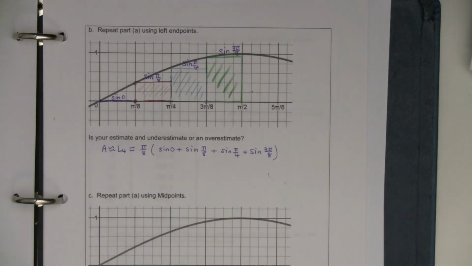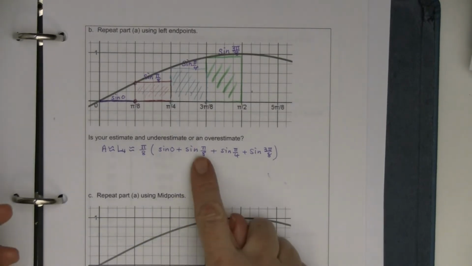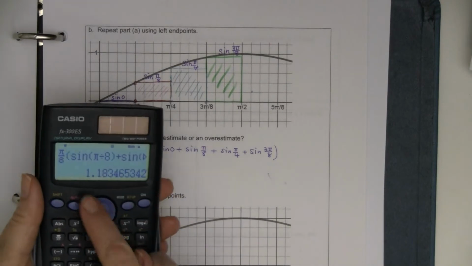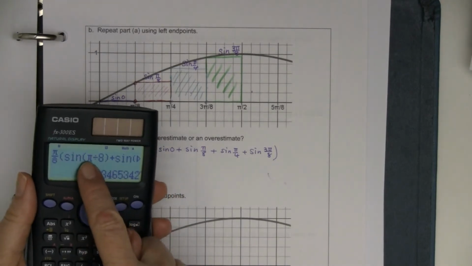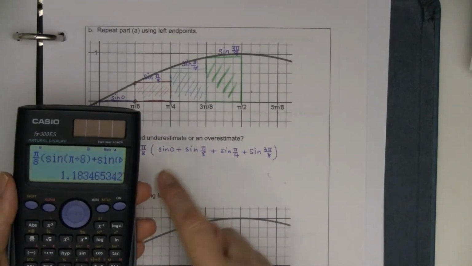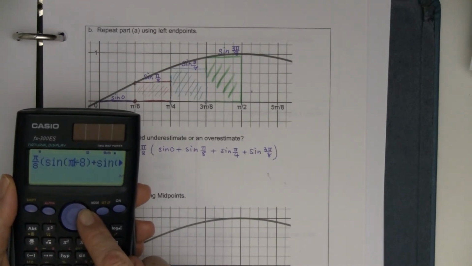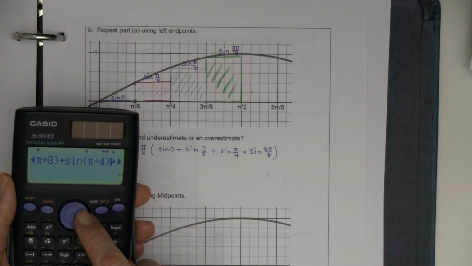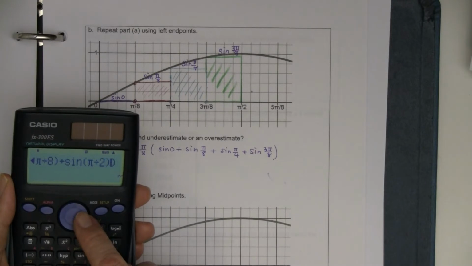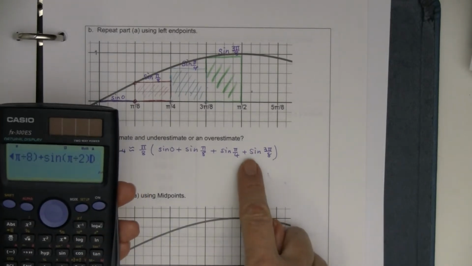And you probably notice that they have some in common, right? The one before started at sine of pi over 8, that's actually our second term here. And instead of ending at sine of pi over 2, it's ending at sine of 3 pi over 8.